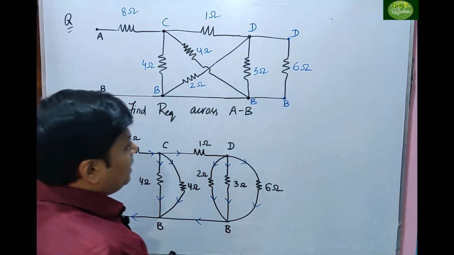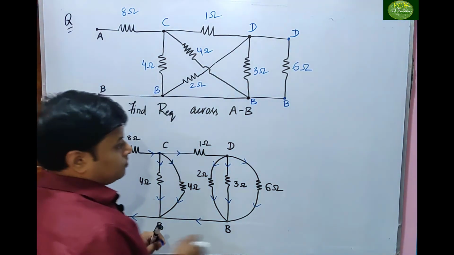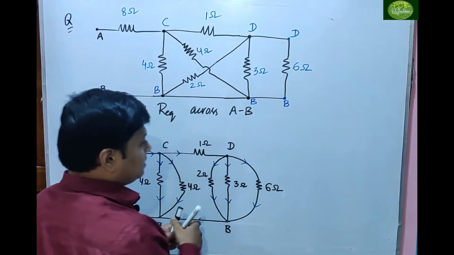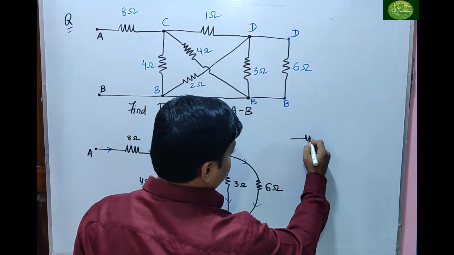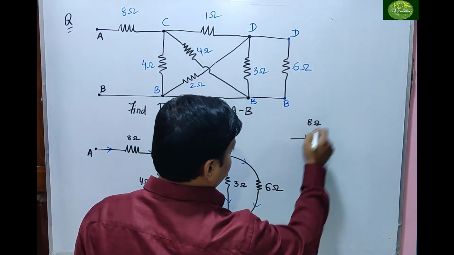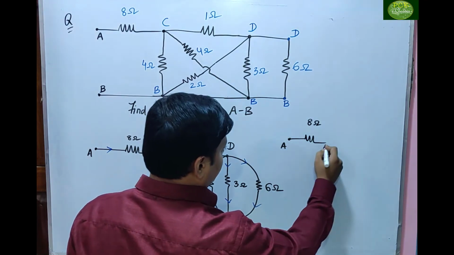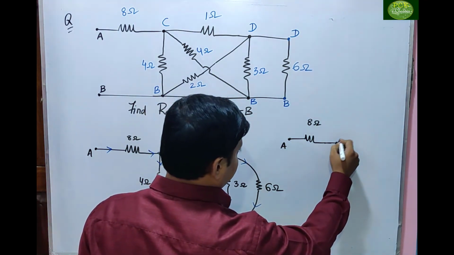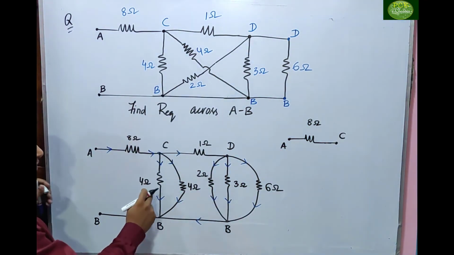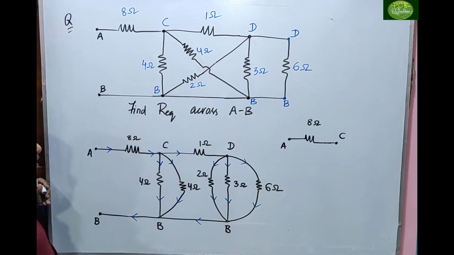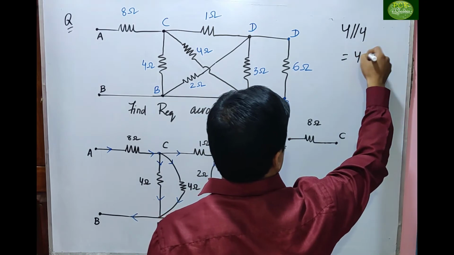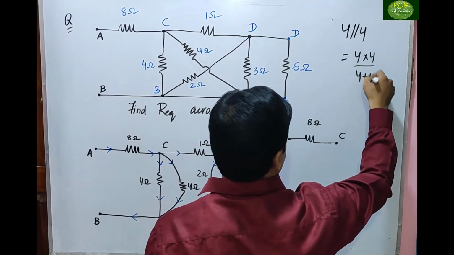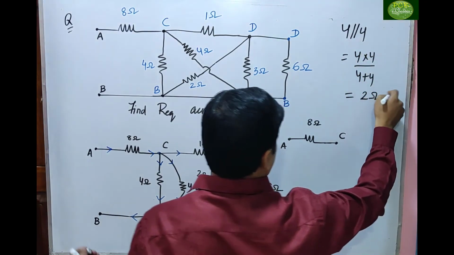So what will be my equivalent circuit diagram now? Equivalent circuit diagram will be 8 ohm, this is the A point. Next, till C. At C you can see 4 ohm and 4 ohm are parallel. What is 4 parallel 4? 4 into 4 divided by 4 plus 4, that is 2 ohm.